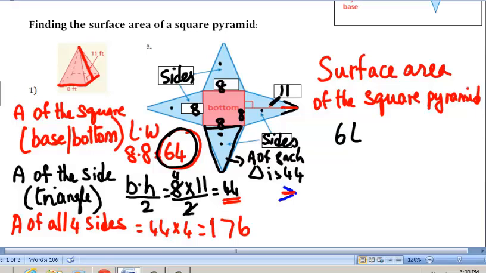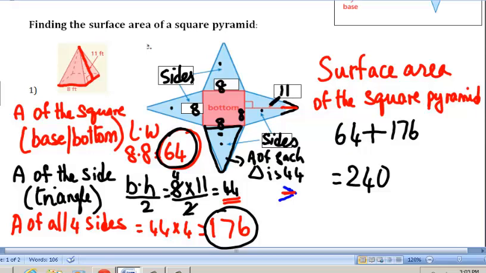So 64 plus the area of the 4 triangles or the 4 sides, which is the 176, and we end up with 240. 64 plus 176. Now you can write it as square feet, or you can write it as 240 feet squared. It doesn't matter how you write it.